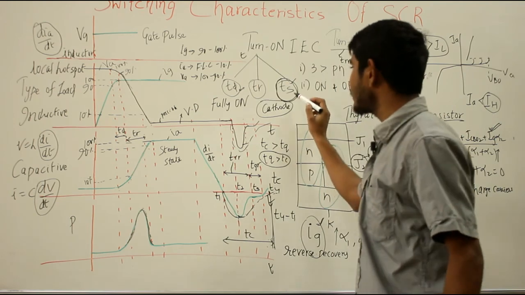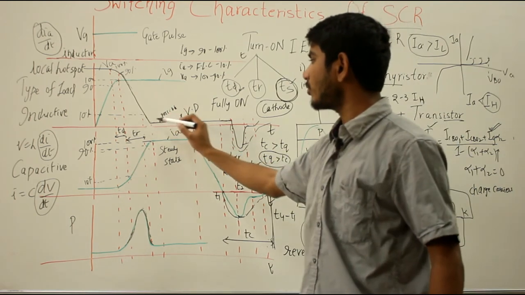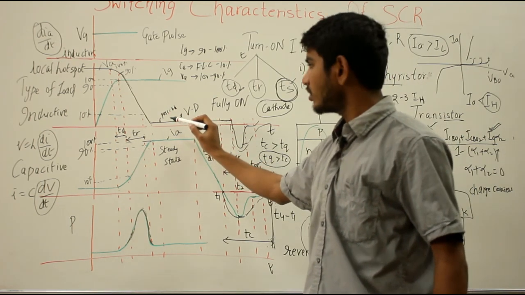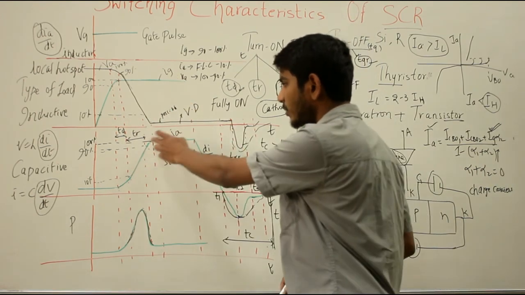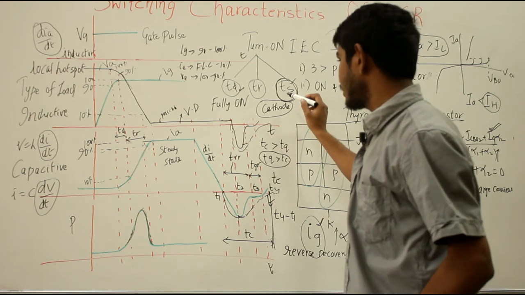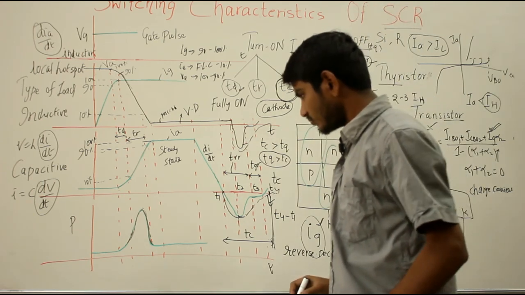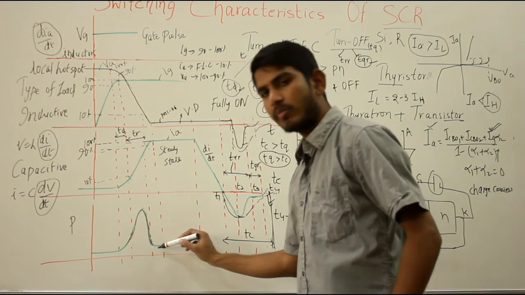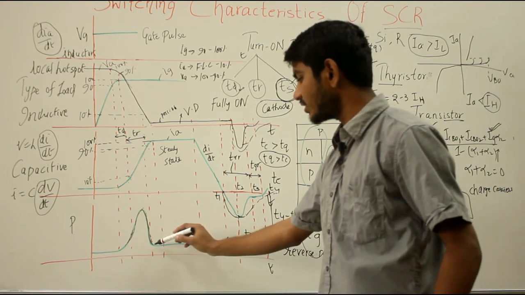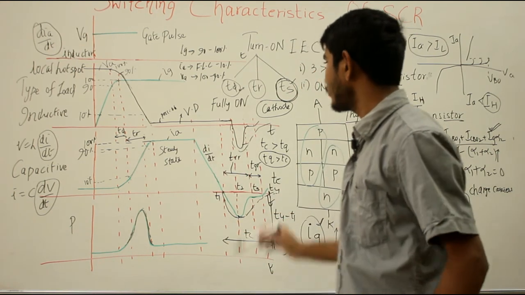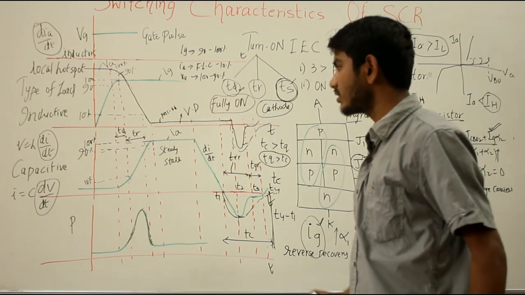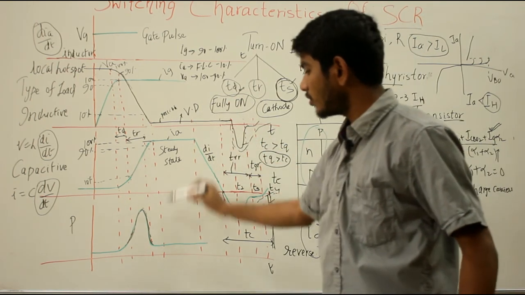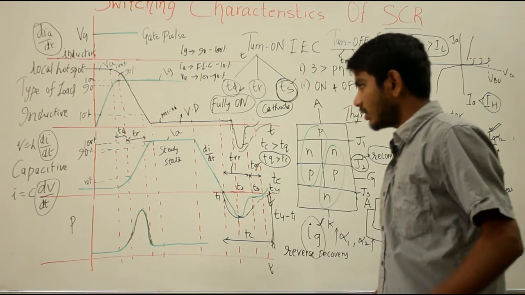And in the spread time, there is a fall in the anode voltage to the smallest possible voltage, and from 90% to 100% the anode current, and there you will see a reduction in the power loss in the spread time, where the thyristor will go to the fully on state. These are your on state voltage drops. Due to the low voltage, you are having low power loss.